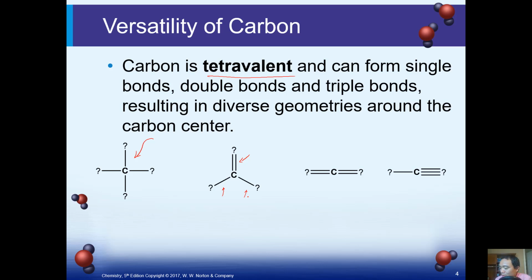For example, when you look at carbon number 1, it has 4 electron groups, 4 single bonds, with no lone pairs around the carbon.